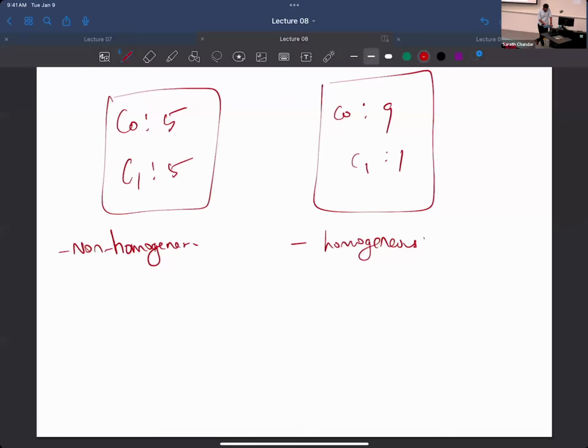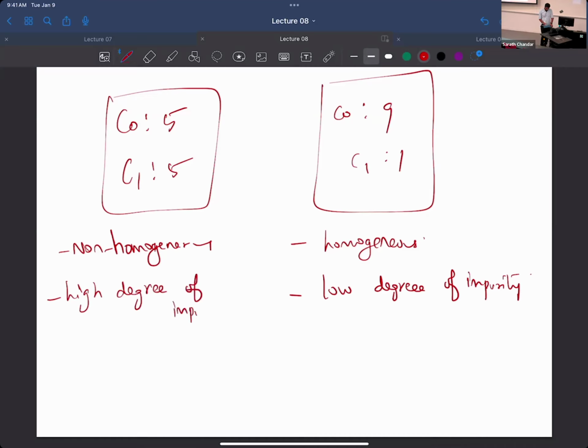This is more heterogeneous, right? We can also say that this has a low degree of impurity. A split is pure when it is just one class. The degree of impurity here is just 1 out of 10, so low degree of impurity, while this has high degree of impurity.